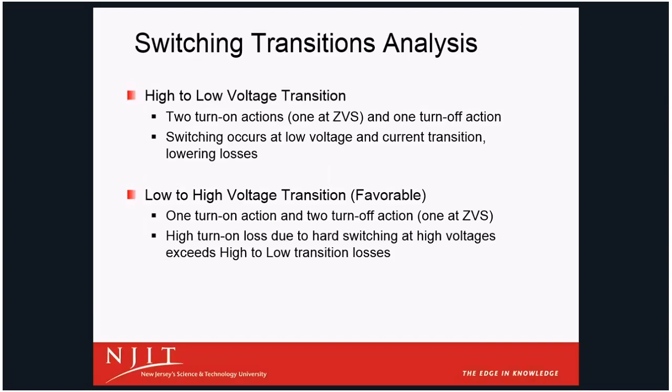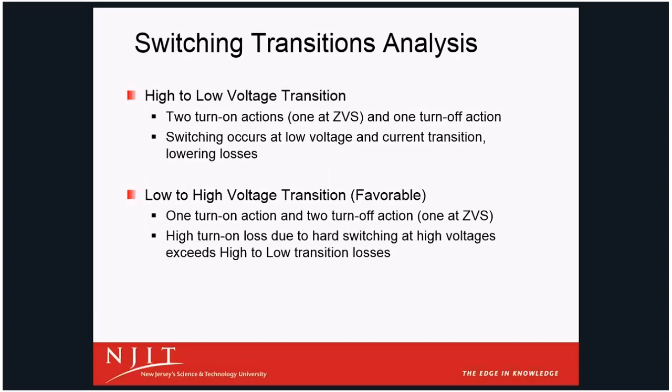And the switching occurs, as mentioned, at low voltage, low current transition, lowering the losses. And then you have your low to high voltage transition, which is favorable and is going to be the ultimate reason why the type A scheme ends up seen as the most favorable.